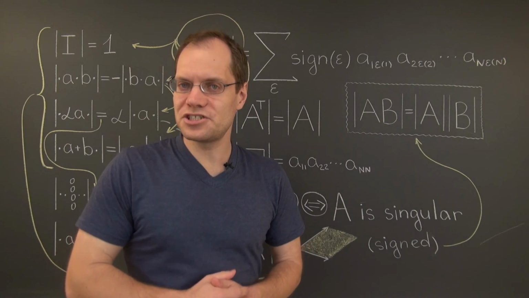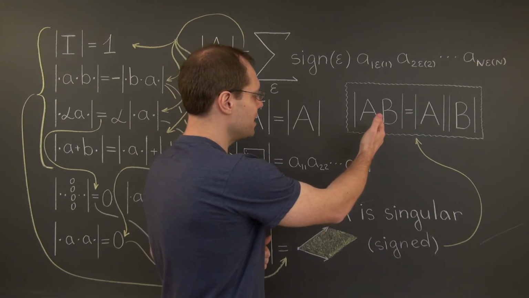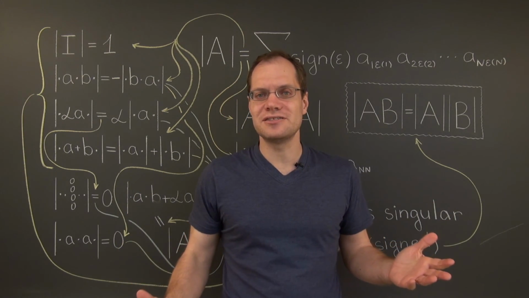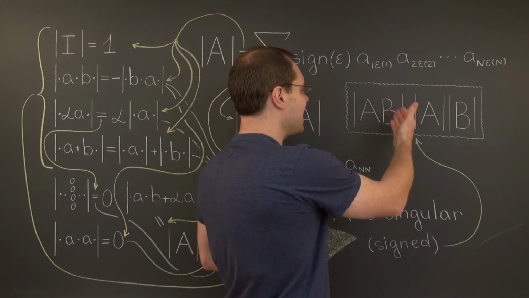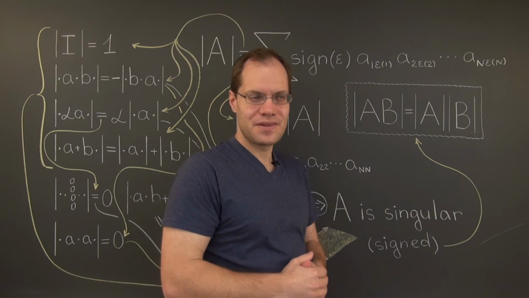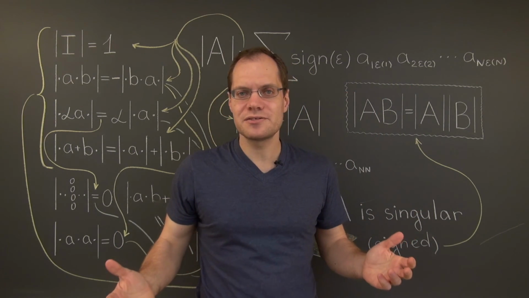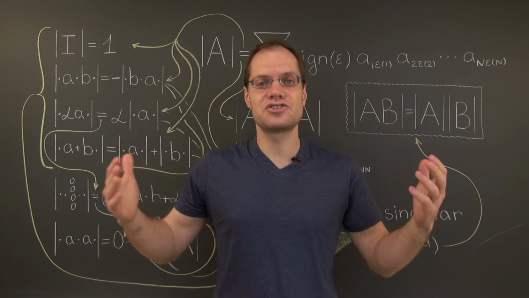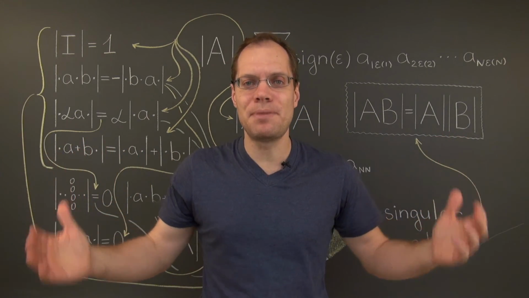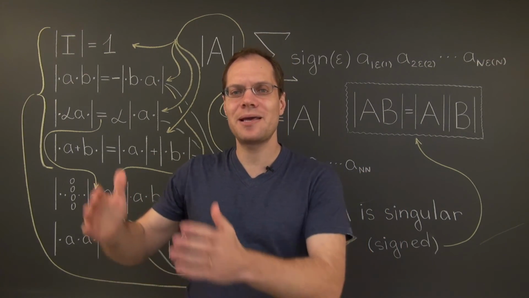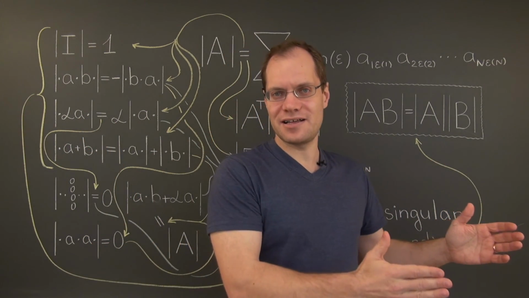With this interpretation in mind, what we have on the left-hand side of this identity is two transformations, one stacked on top of the other. And then the determinant on the left-hand side tells us the amount by which areas are stretched as a result of this combined linear transformation, this sequence of linear transformations, one after the other.